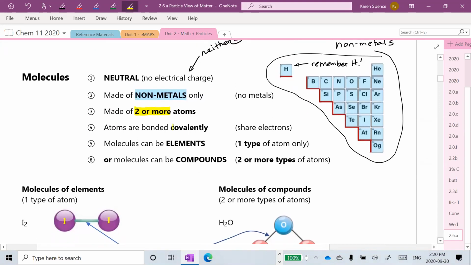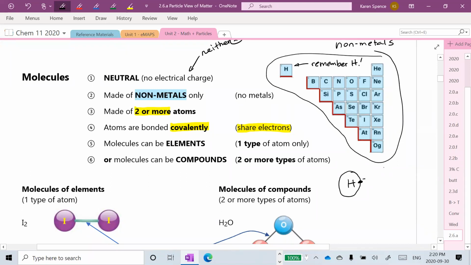They are bonded covalently, which if you recall from last year, means that they share their electrons rather than one atom giving its electrons to the other one. They actually share their electrons. Again, we will look at that in more detail later, but the most simple one we could look at is hydrogen. Hydrogen has a single electron in its shell.